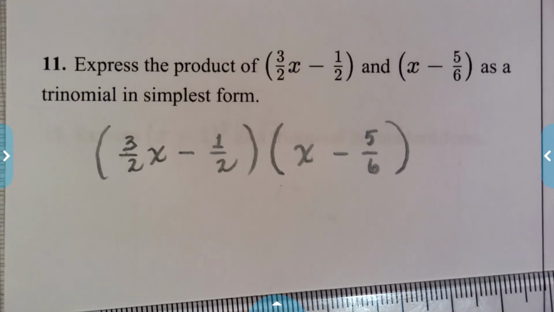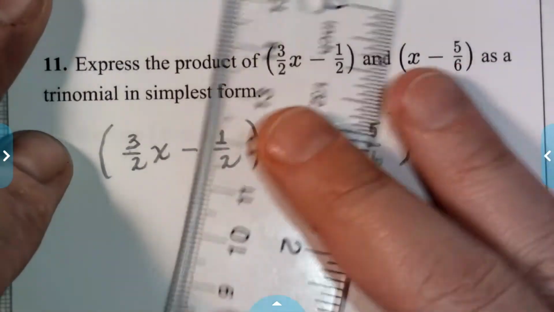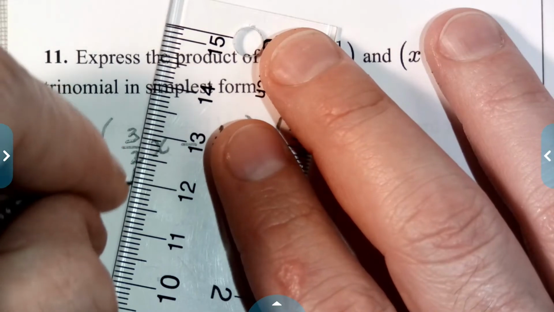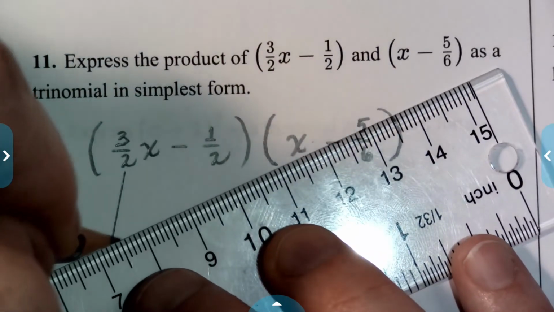Okay, now I'm going to revert back to doing it step by step, the FOIL process. So here's what I mean by that. I'm going to go back to very carefully writing this out.